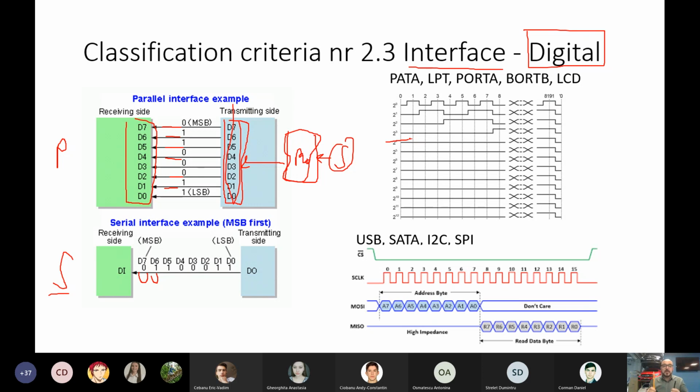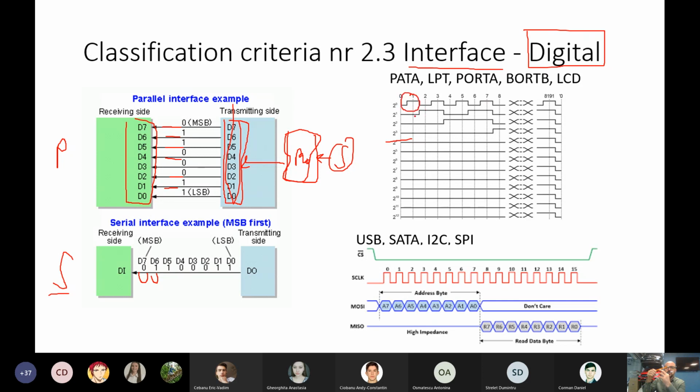But we would like to also reach a higher speed on the parallel interface, and at the higher speed, those wires will generate some noise around and will influence each other. That means we will have some problems here.